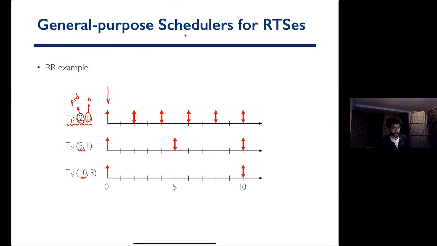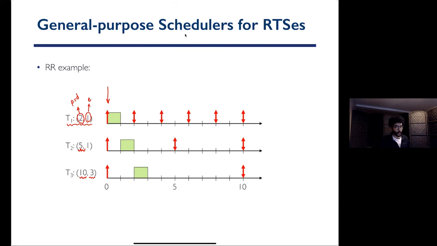Round robin is going to run the T1 job first, then the T2 job second, then the T3 job. This job is going to take 3 seconds, but because the time quantum is 1, I'm just going to run 1 second of this job and then context switch.